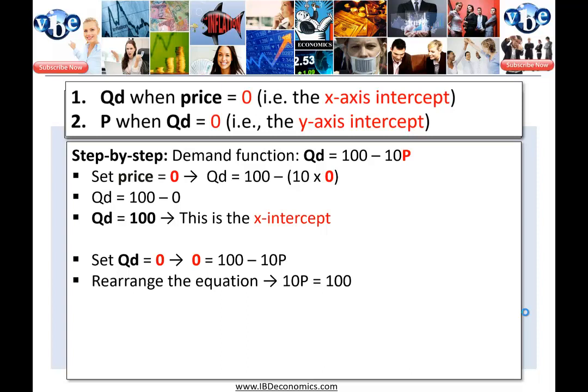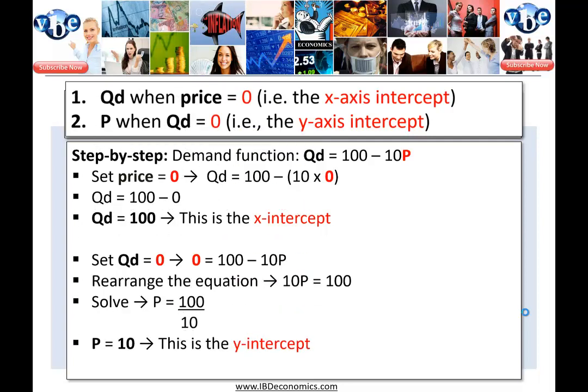Straight from your year 11 maths. And we're going to solve that now. So P equals 100 divided by 10. Price equals 10. And that becomes the y-intercept. So, pretty straightforward maths. Step by step. You just need to practice it. It's easy, easy, easy. Practice, practice, practice.